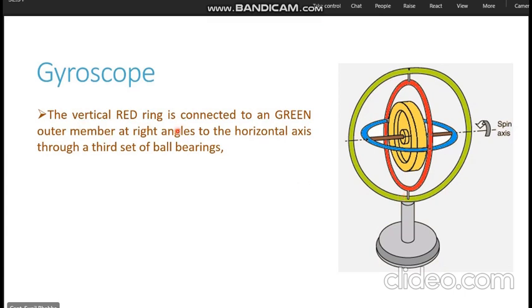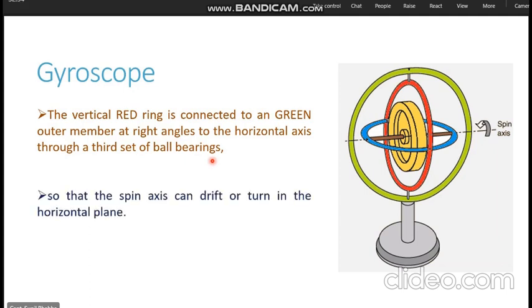So the vertical red ring is connected to a green outer member, and these connection points are at right angles to the spin axis as well as the connection point between the blue and red rings. So right angles to the horizontal axis through a third set of ball bearings.